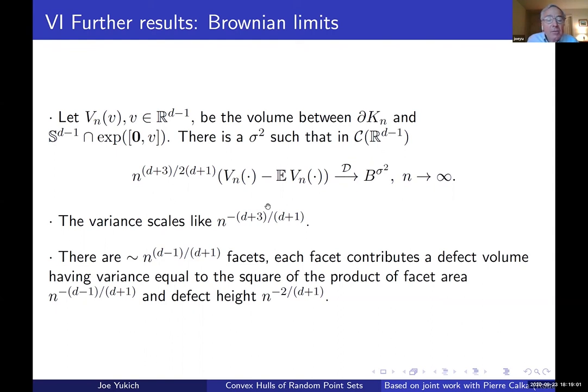The variance of Vn actually does scale this way, and the way to see this is that there are roughly n^((d-1)/(d+1)) facets, and each facet contributes a defect volume. If these defect volumes were independent random variables, they're not, but if they were, we could expect that the variance should scale like the product of this many facets and the variance of each defect volume contributed by the facet.